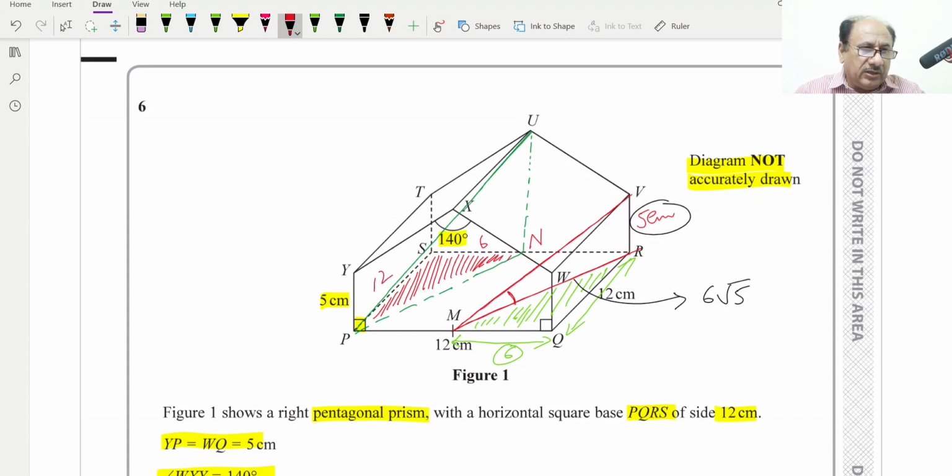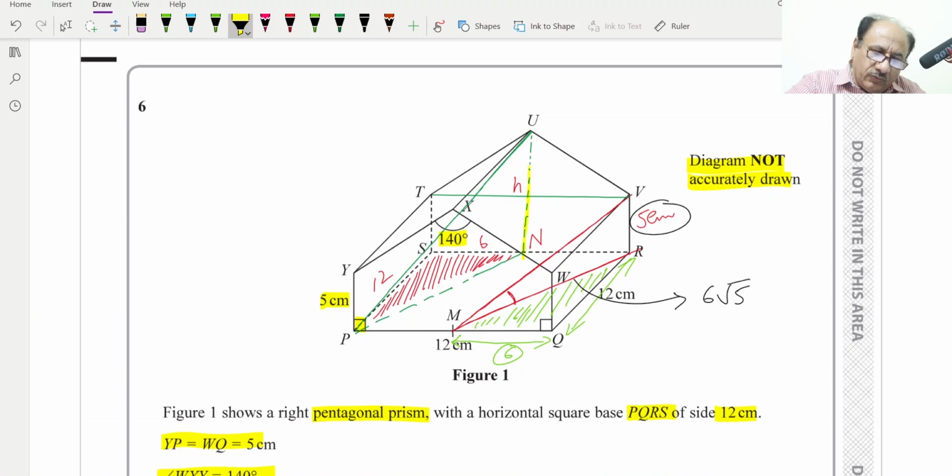Similar to that, we can take this height as h. If we draw a line from here, up to this one is 5. So our first target is to find h, which is basically this height.